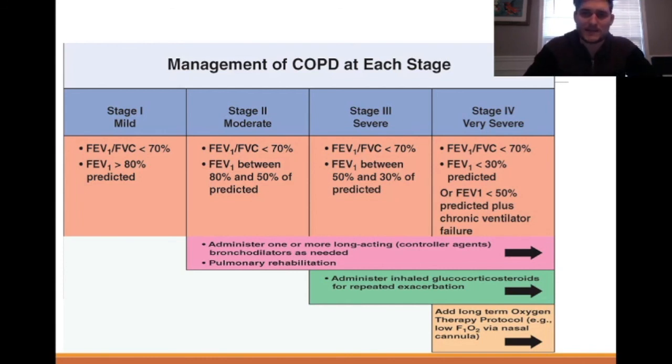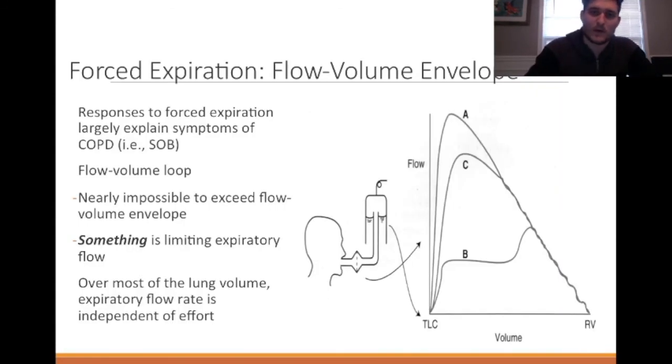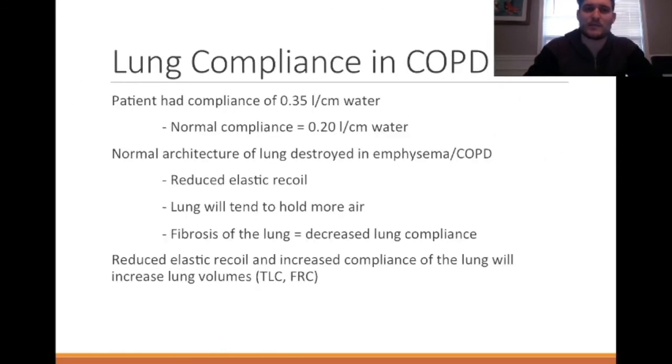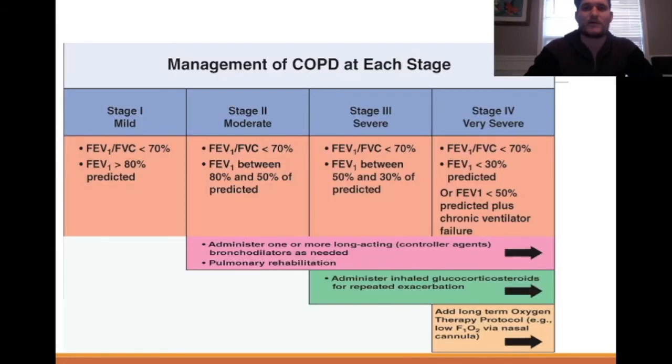In the next lecture, we will talk more about COPD and the different pressures and compliances that are occurring with COPD. But for this video, just make sure, again, you understand what the consequences are of COPD and what the things are that are occurring.